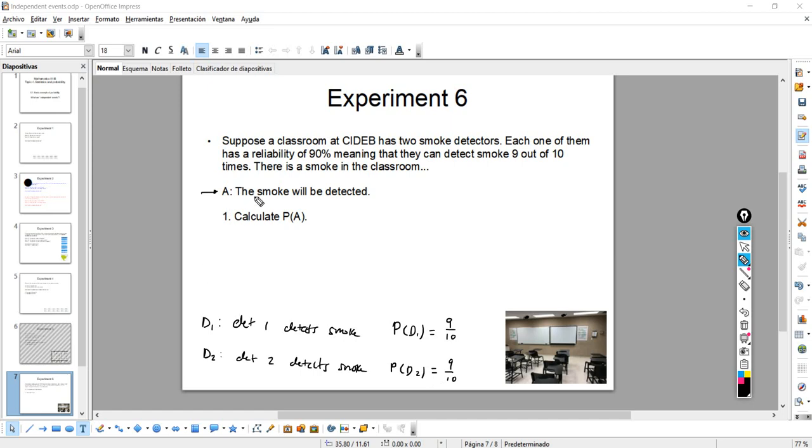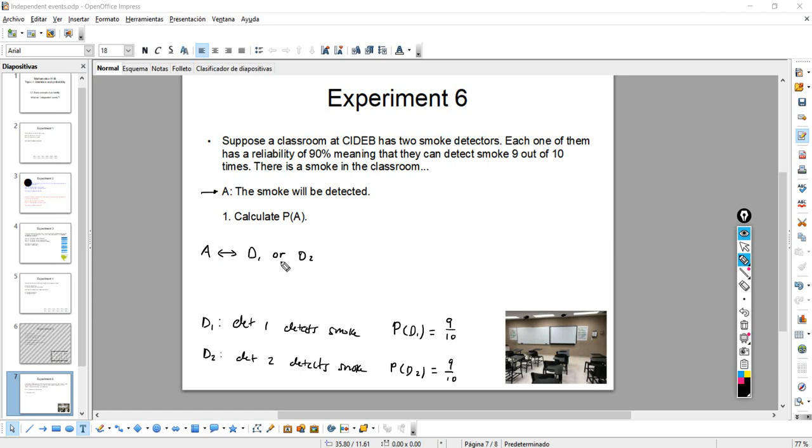Basically, we can see that the smoke will be detected, in other words, A will happen if either D1 or D2 happens. Let's write that down. A is equivalent to D1 or D2. What is A? The event in which the smoke will be detected.